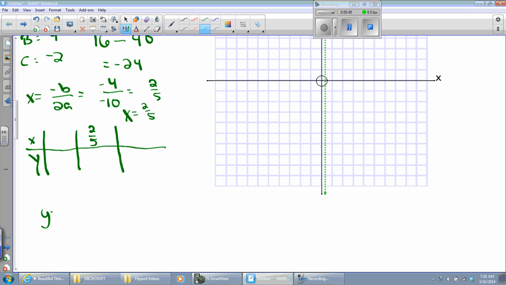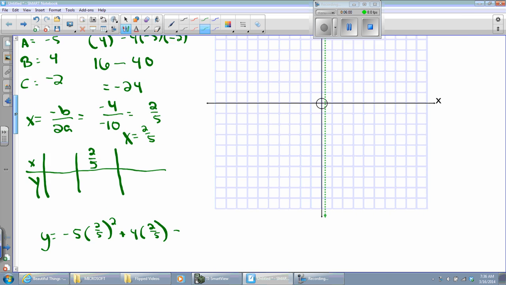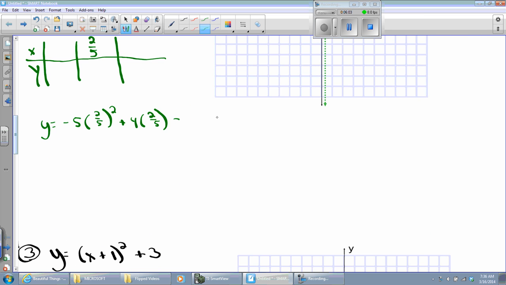So I'm going to have y equals -5 times 2/5 squared plus 4 times 2/5 minus, I can't remember, 2. All right. So let me see, this is going to be -5 over 1 times 4/25, right?